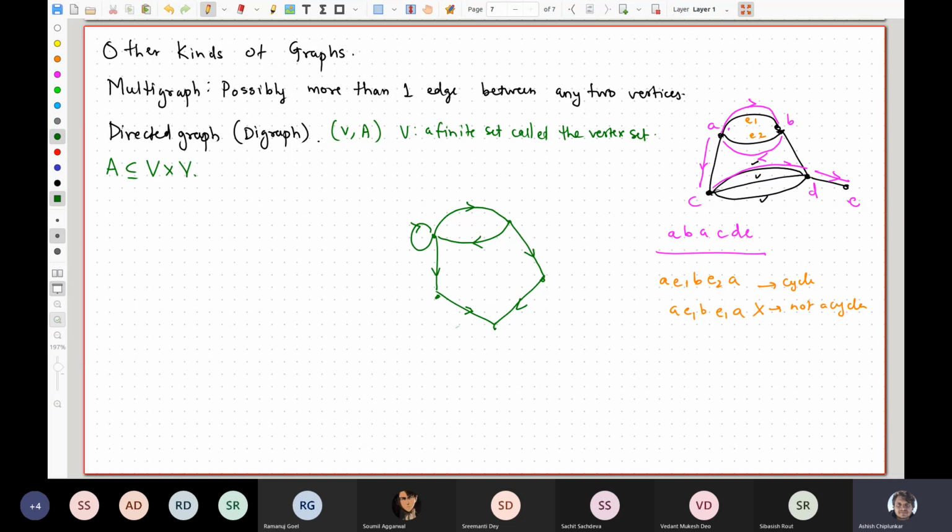Again the notion of paths is analogous, except that you need to traverse the edge in the right direction. You cannot traverse it in the wrong direction.